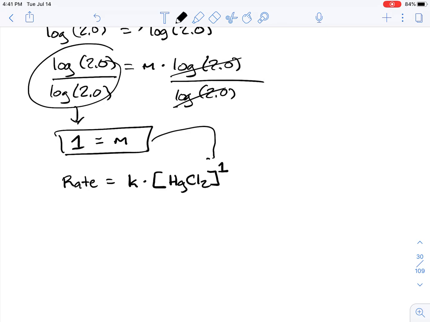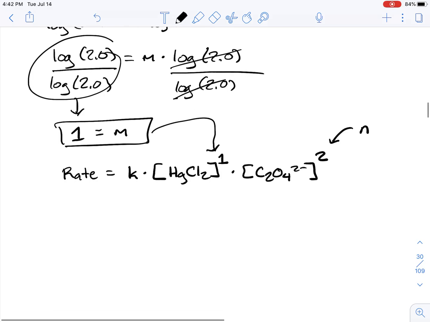So remember, m is connected to mercury 2 chloride, times this by the concentration of oxalate raised to the second power. Remember, this was the value for n. Okay, and so this rate law is not yet complete. The last thing that we need to solve for is k, and we need to determine its units as well. So we need to figure out the value, and we need to figure out the units for k.